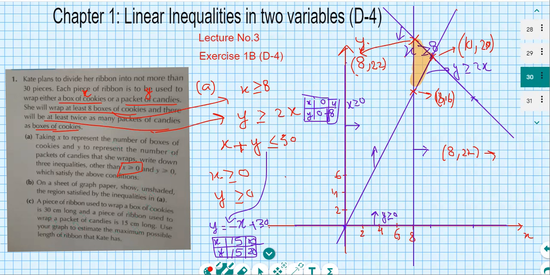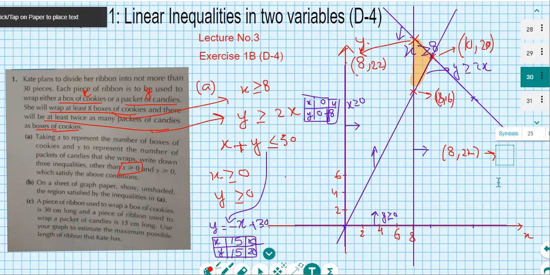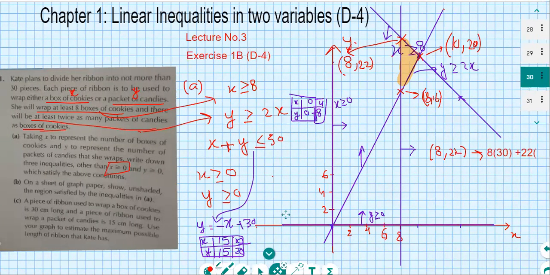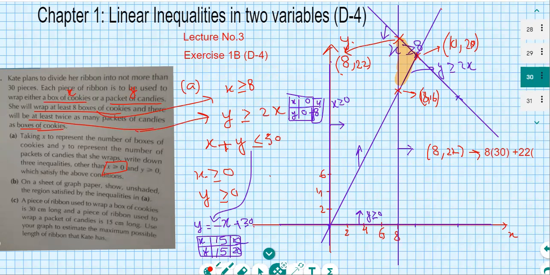So 8 into 30 plus 22 into the length of ribbon used to wrap a packet of candies, 15.